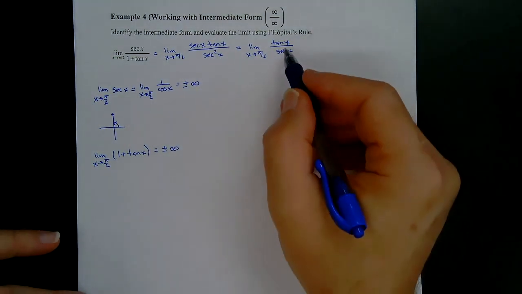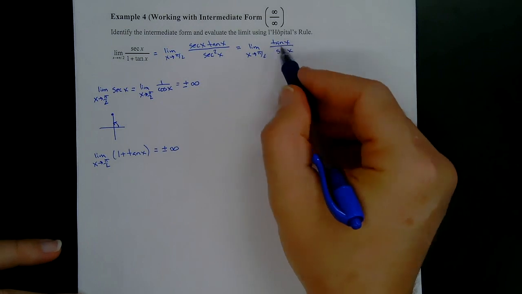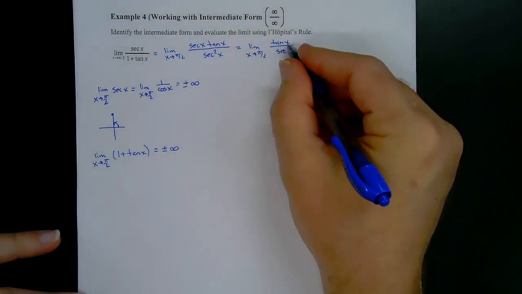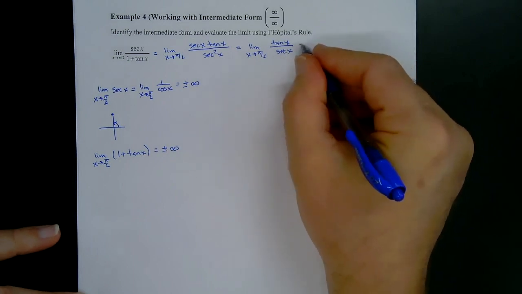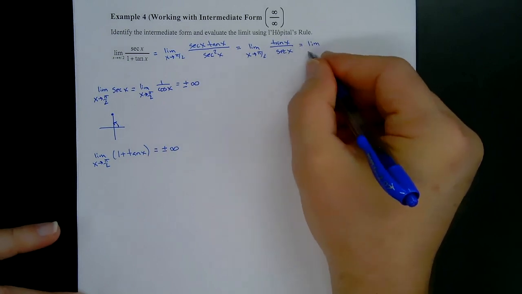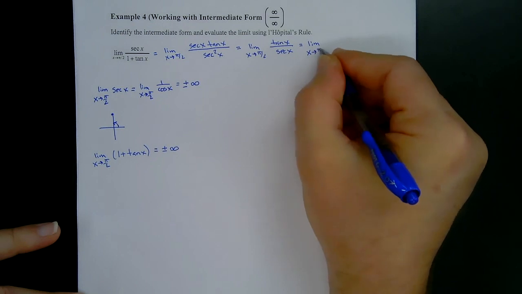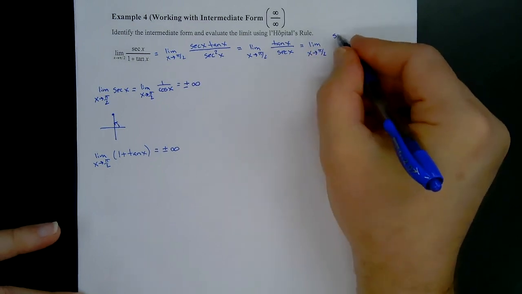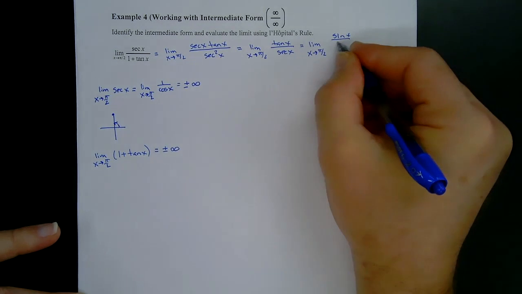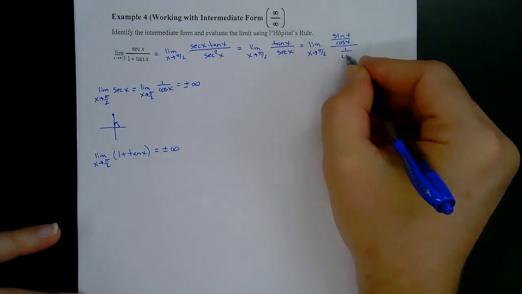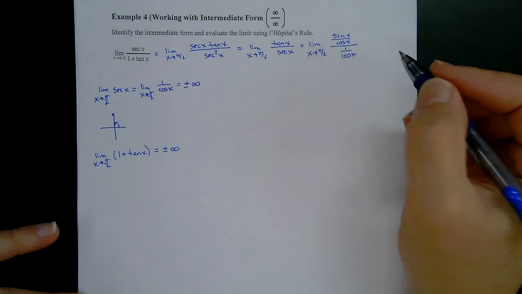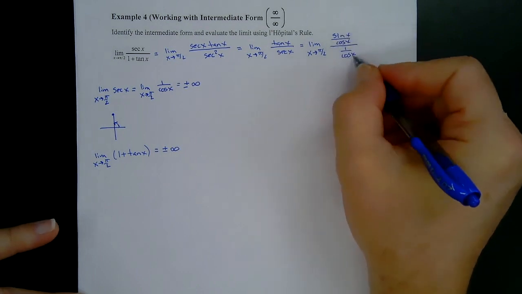And then what we can do is use trig identities. Tan x becomes sine x over cosine x, and secant x becomes 1 over cosine x. So this becomes the limit as x approaches pi over 2 of sine of x over cosine of x, all over 1 over cosine x, because this is tan x and this is secant x.